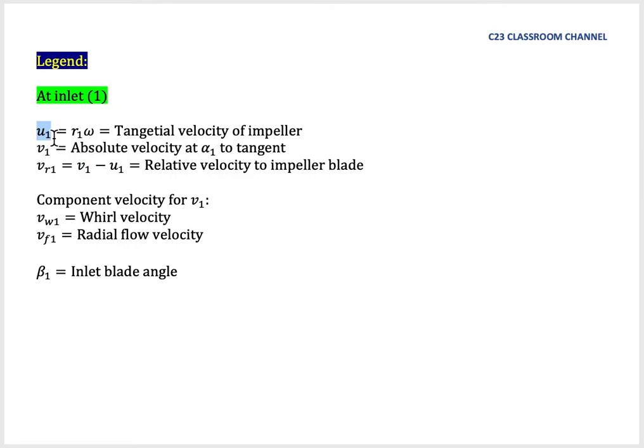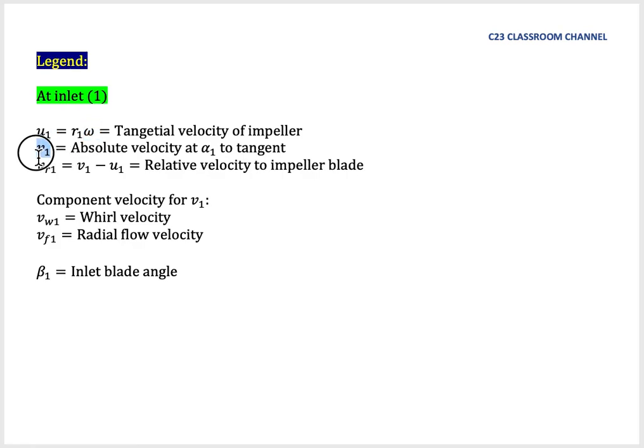Please be alert that if you calculate the value at point 1, you need to use all point 1 values. For example, to calculate U1, you must use R1 and omega. And please bear in mind that the rotational speed, RPM or radian per second, does not have RPM1 or RPM2, because the rotation per minute is constant whether you calculate at the inlet or at the outlet.